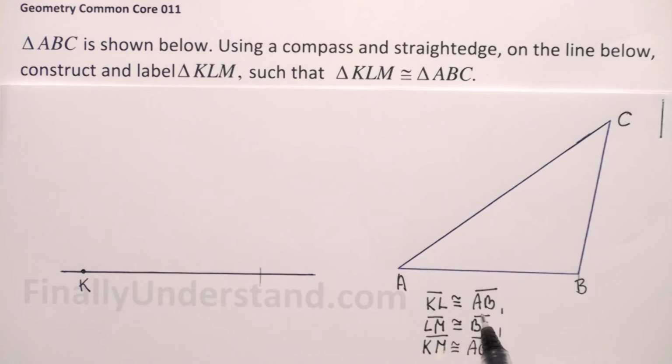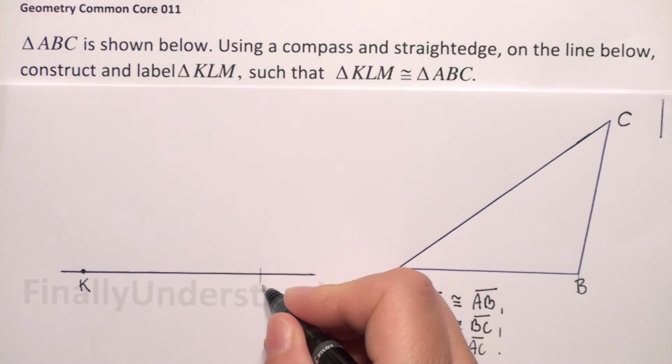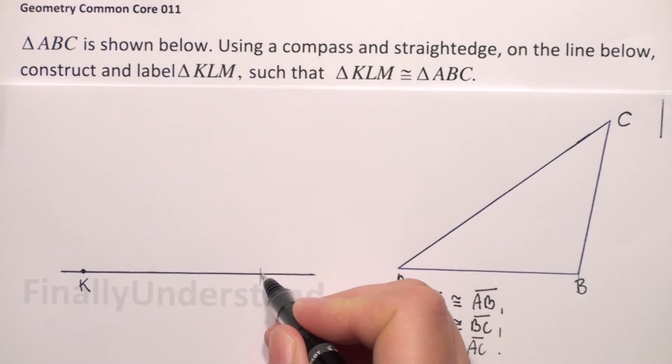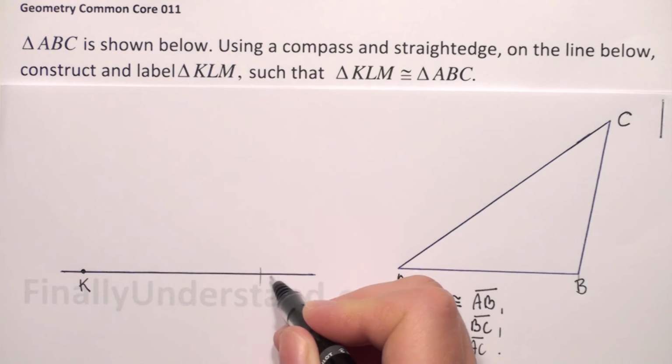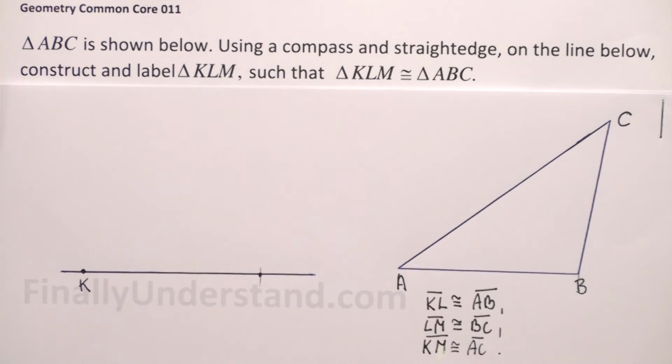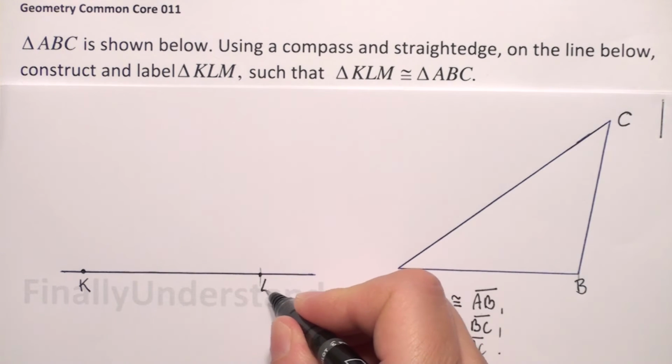Segment KL must be congruent to segment AB. So here, where our arc crosses our line, we will have point L.